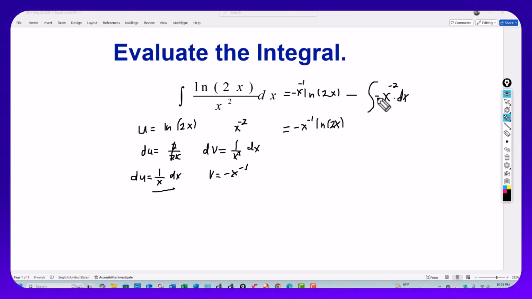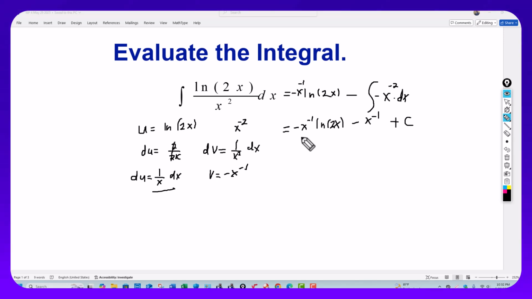And then we have a double negative here, so that'll be a plus. But then when we integrate this, we have to add 1 to the exponent here. It gives us a negative. So these cancel out, but then we have a negative still because we add 1 here. That gives me minus x to the negative 1 plus the constant of integration.